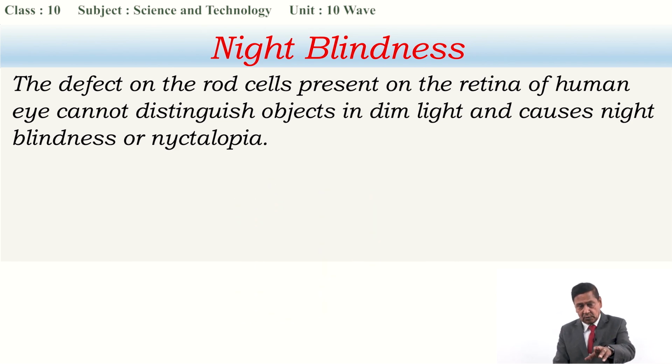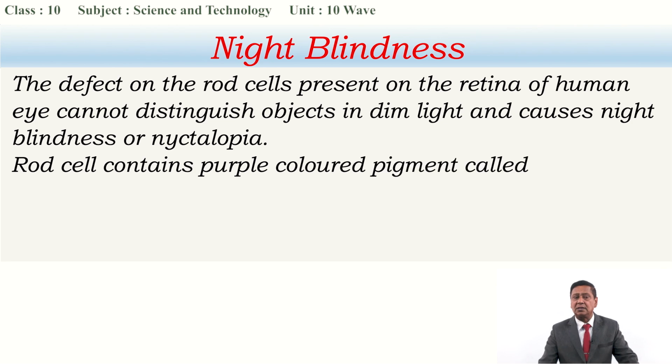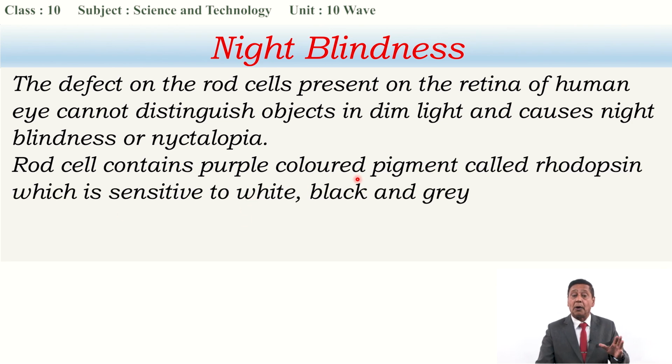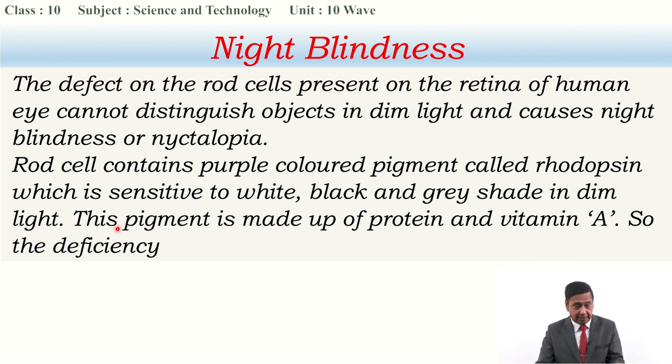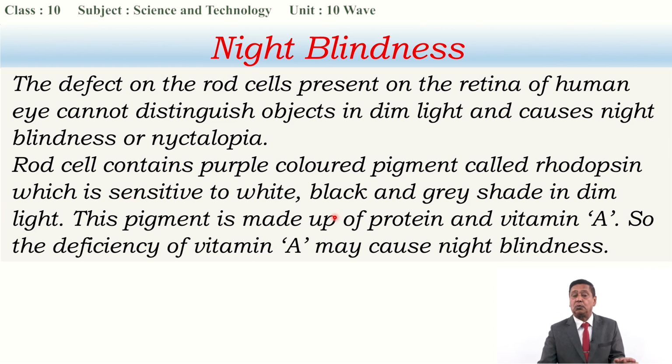About this rod cell, we can say a little more detail. A rod cell contains a purple colored pigment called rhodopsin, which is sensitive to white, black and grey shades in dim light. The pigment is made up of protein and vitamin A, so a deficiency of vitamin A may cause night blindness. It means at night or in dim light we are not able to see objects clearly.